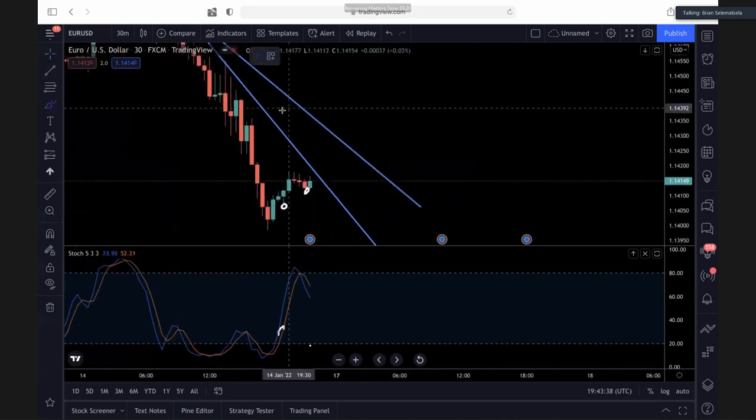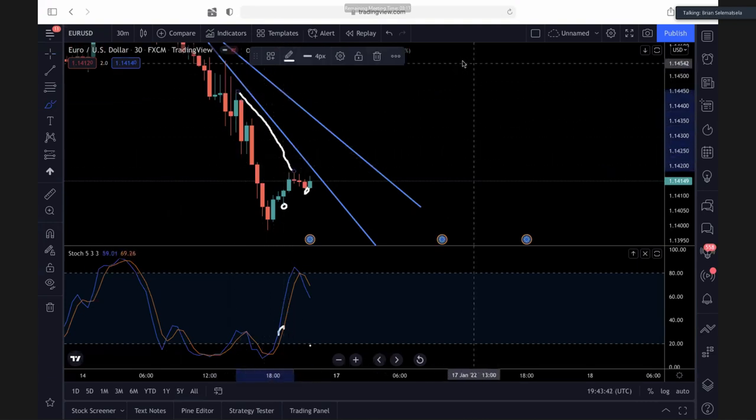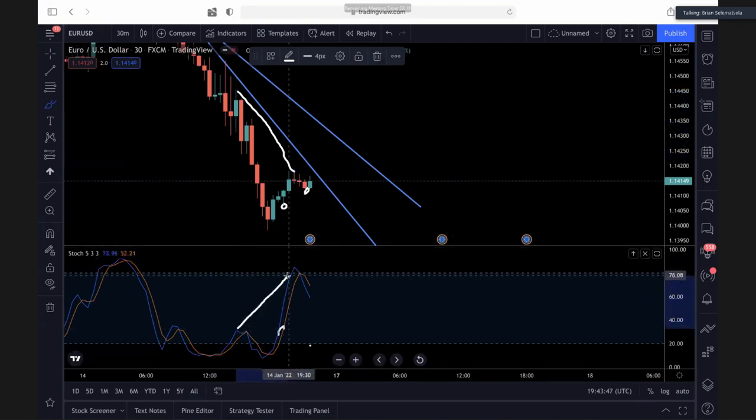Definitely a sell divergence. When it gets to this point, it freaks out a lot of people. It's like a mind game.